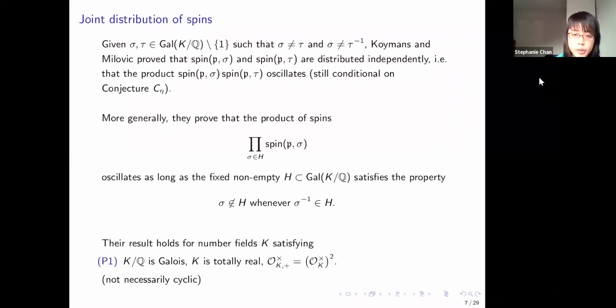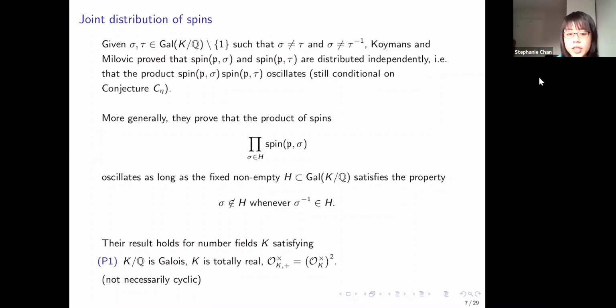The more general statement of what they proved is that if we take a non-empty subset H of the Galois group, and if you contain one element, you cannot contain the inverse of the same element sigma, then the product of the spin over all sigma in the subset H oscillates as we vary P. You have to pick the right type of set H, which cannot contain both sigma and sigma inverse at the same time.